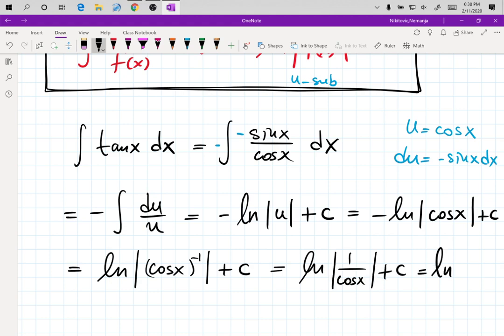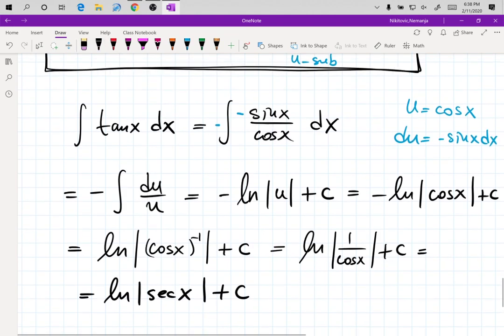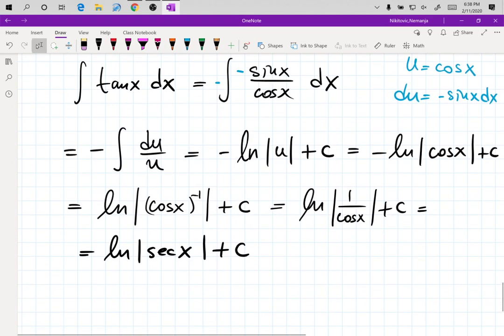And there's your ln of secant x plus c. Now we're talking. And you don't have to memorize it, but you can if you want to: integral of tangent is ln of secant, right? Not a basic integral, done through sub right there.